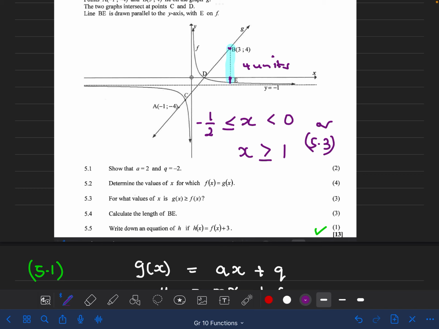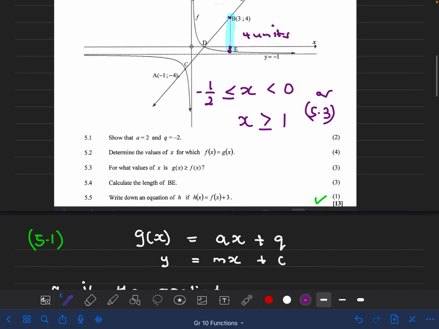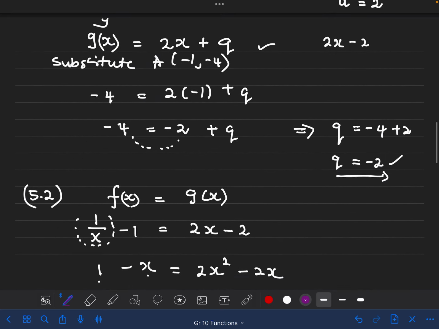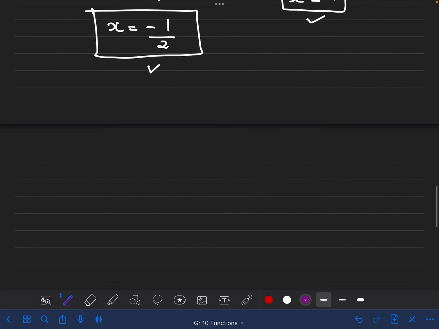So we're going to find this piece by finding out what is the value of f at this point. Then we're going to know how far this has gone down from the x-axis, right? Okay, let's actually do it over here. 5.4. So we need to find f at x equal to 3.